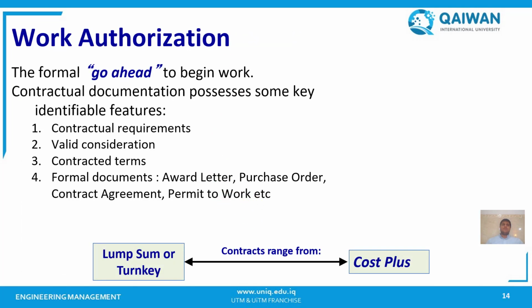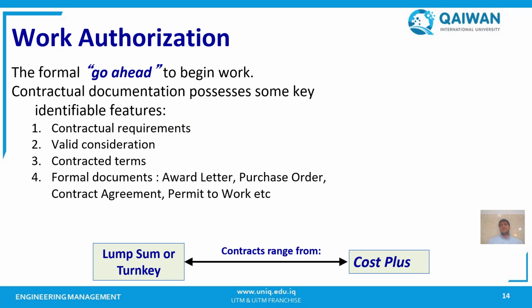Work authorization. Work authorization is a formal approval or authorization granted to begin work on a project or a task. It signifies that all necessary requirements, considerations, and contractual terms have been met and documented.